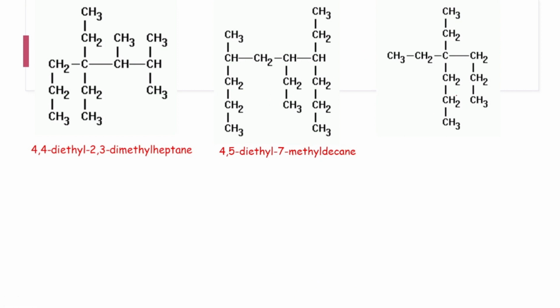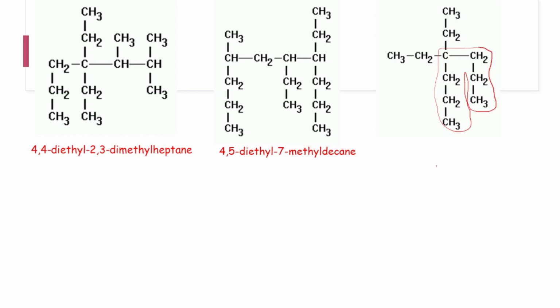Now we have a compound which we have to give an IUPAC name. First step, as we know, we have to select the longest carbon chain. The longest carbon chain, to my eyes, is that one.